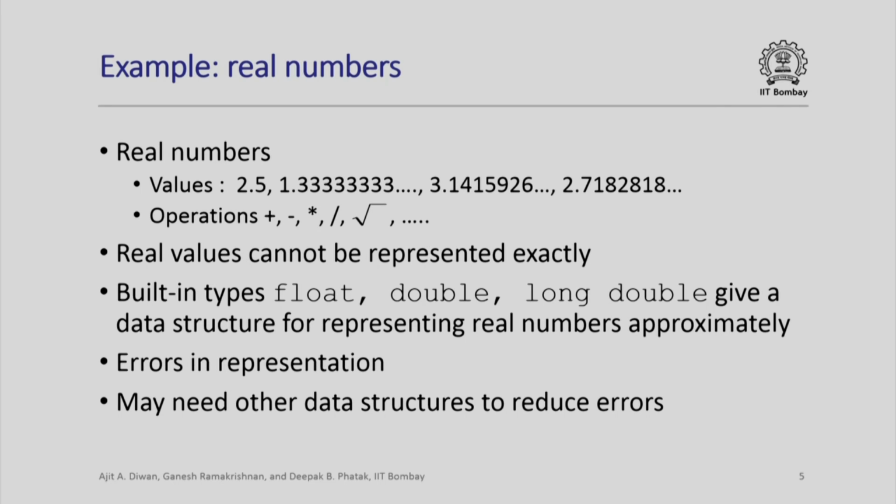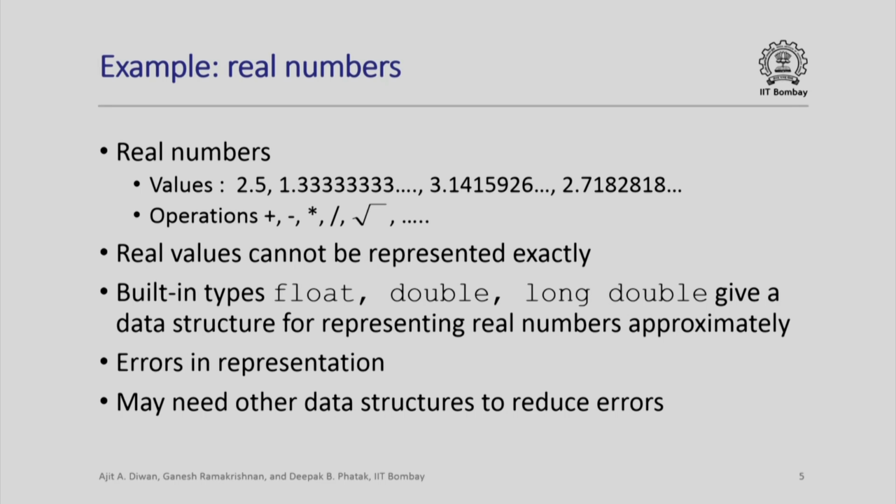Now, if you look at another example, real numbers, the possible values of reals are all fractions and decimals like 2.5, 1.333. Pi is a real number whose value is 3.1415926, an infinite expansion. So, you cannot actually represent pi exactly inside the computer.